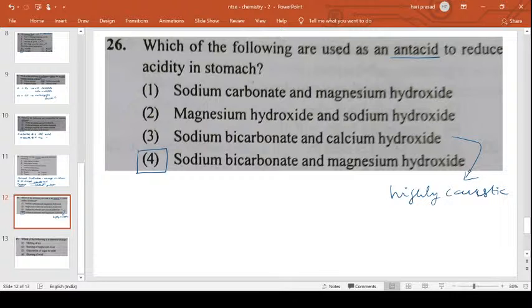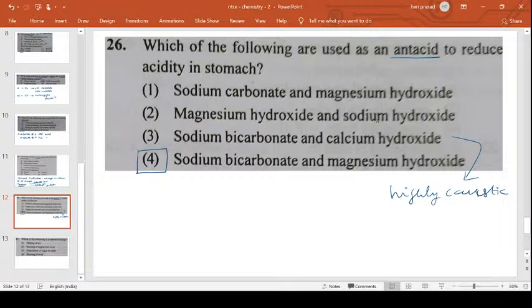If the soap is of low cost, the skin and fingers get torn and small holes will be there. That is called caustic, like corrosive, skin corrosive. So calcium hydroxide is highly caustic, therefore it is not used.